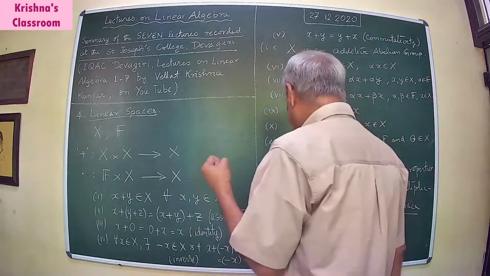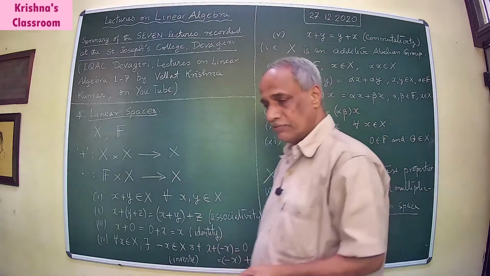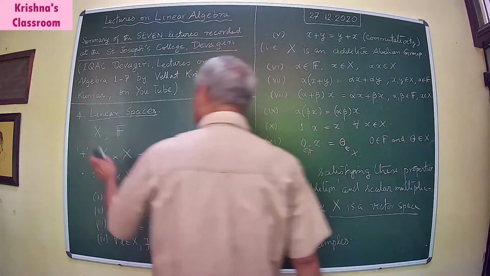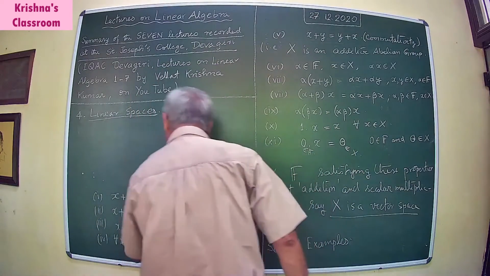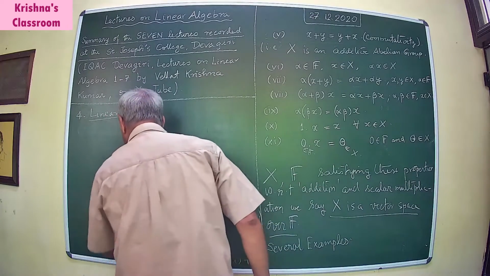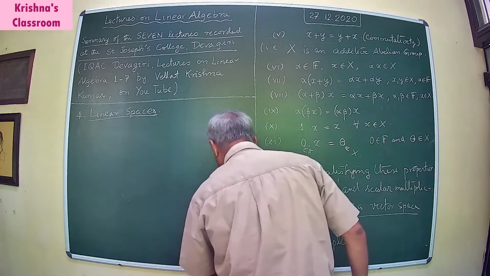Then you have Rn, defined by, suppose Rn is defined by 4.